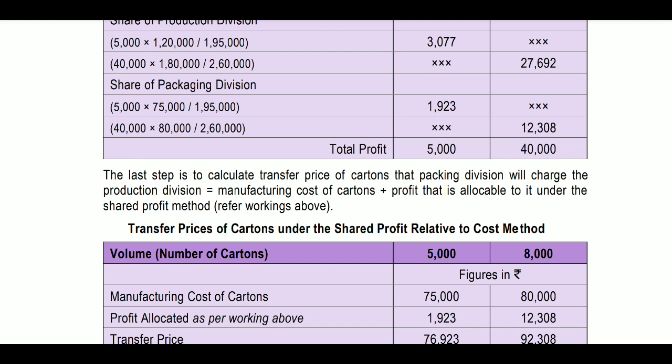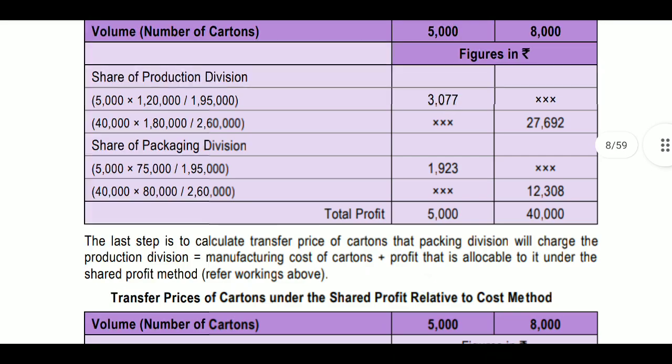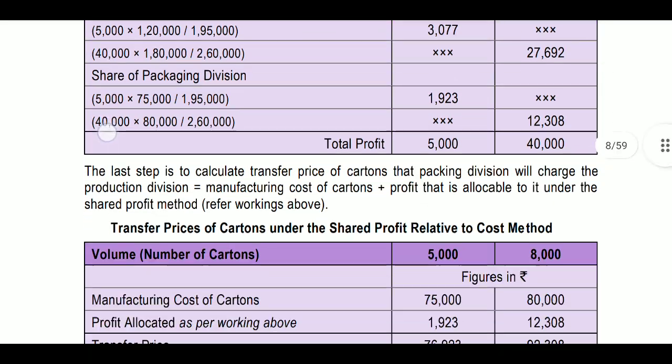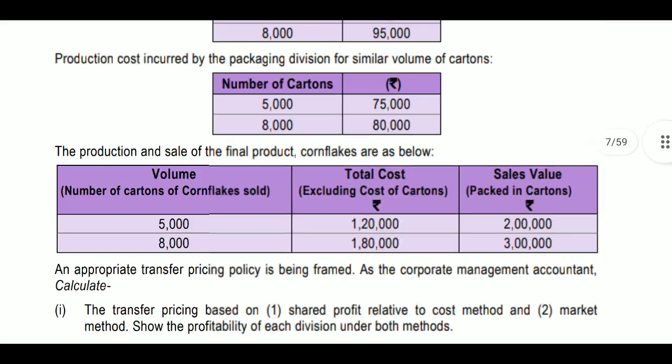The packing charges were 1,923 and 12,308. And the manufacturing cost we incurred is 75,000 and 80,000, which is the provided data.